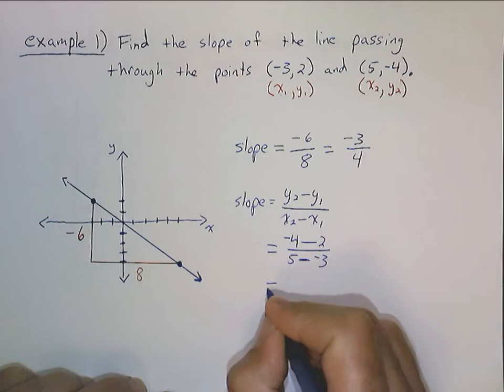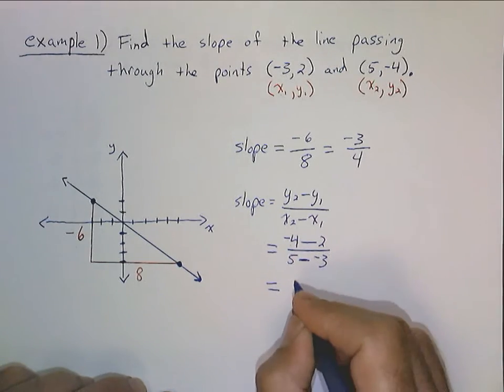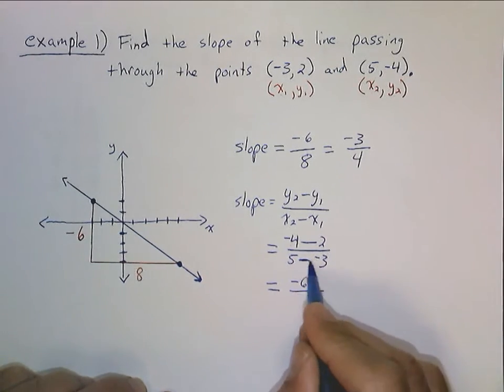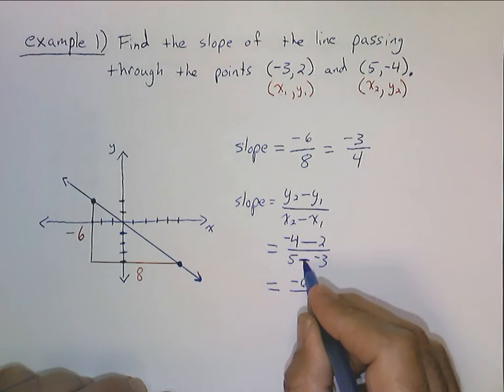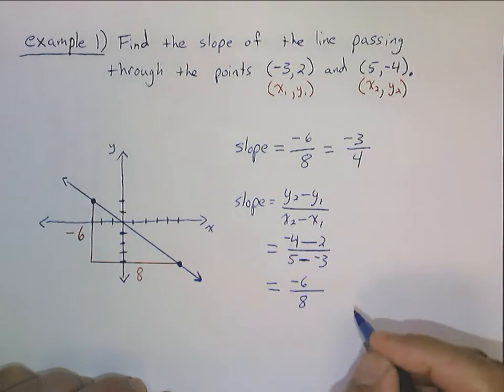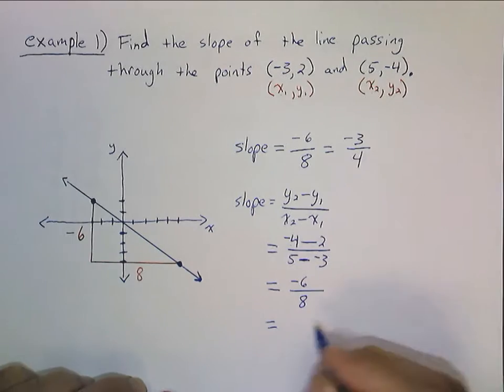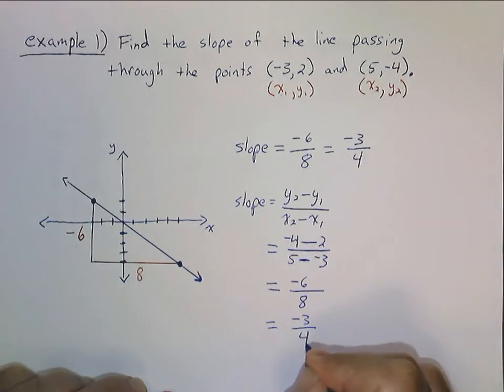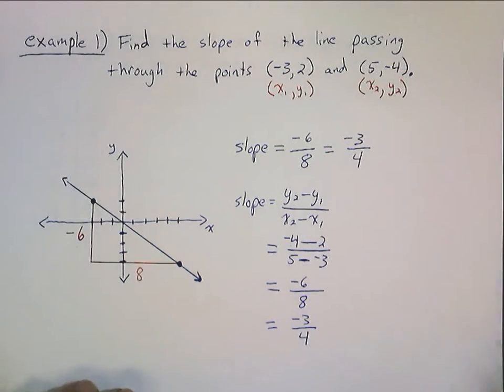And we do the arithmetic here. -4 minus 2 is, of course, -6. 5 minus a negative 3, that's actually plus positive 3, so that would be 8. And again, we get the same thing. Simplify that down to negative 3 over 4. And there's the slope between these 2 points. No problem.